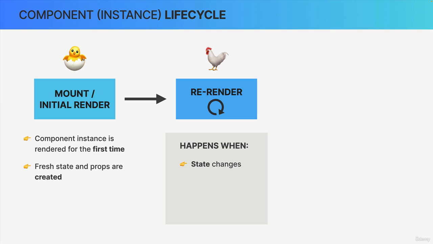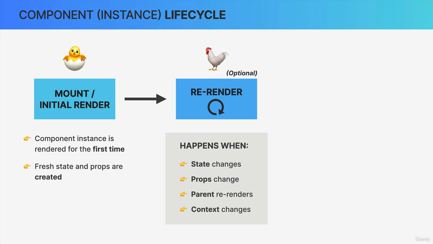So, in practical terms, a component will also be re-rendered when the props that it receives change, when its parent component re-renders, or when something called context changes. And more about context later. Now, the re-render phase is actually optional, so it doesn't always happen in all components. So some components are only mounted and then unmounted right away, which actually brings us to the next phase.